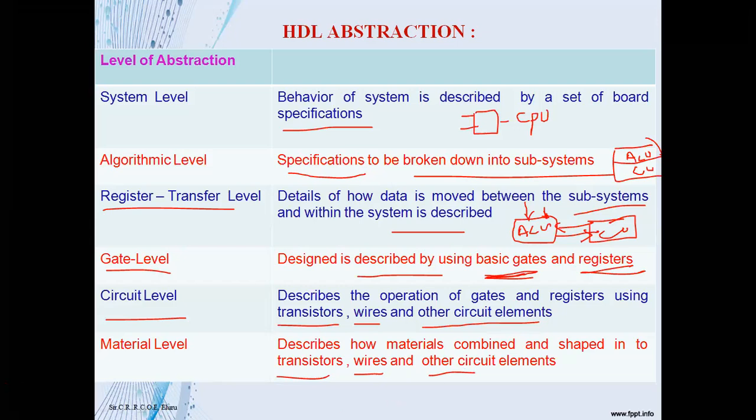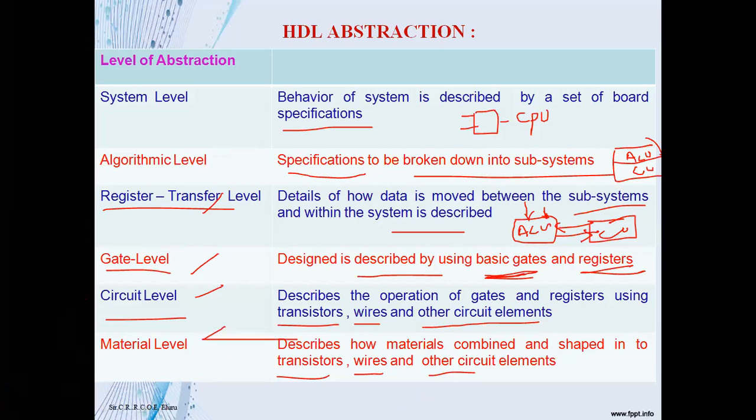So how the materials are used to shape the transistors and wires and other circuit elements. These are all the different levels of abstraction in the hardware description language: system level, algorithmic level, register transfer level, gate level, circuit level, material level.